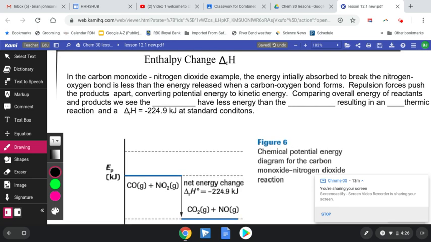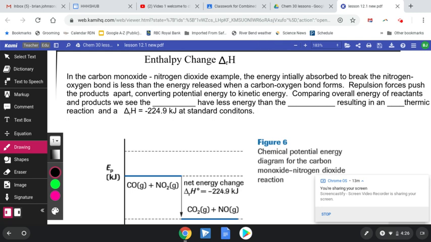So it says in the carbon monoxide nitrogen dioxide example, the energy initially absorbed to break the nitrogen oxygen bond is less than the energy released when the carbon oxygen bond forms. Repulsive forces push the products apart, converting potential energy to kinetic.